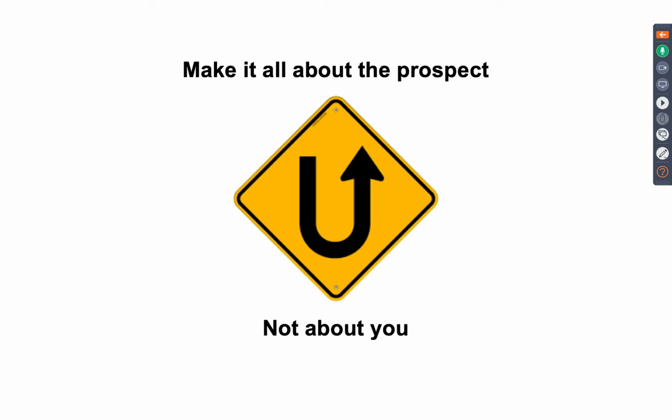We just discussed that the prospects are human, and if you agree that humans care about their own stuff more, well then if we send them an email that's all about our product and all about us, then we're not really communicating in a way that connects with their interests. If you agree with that, then what can we do?